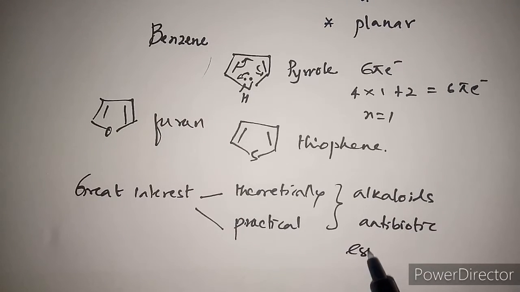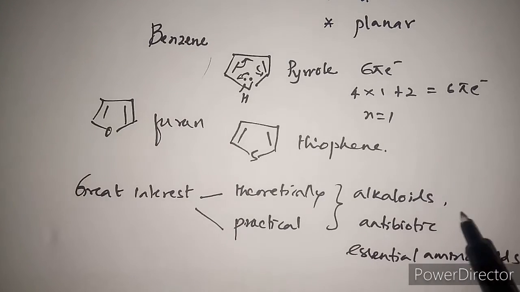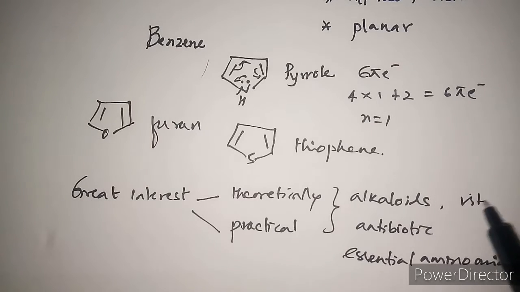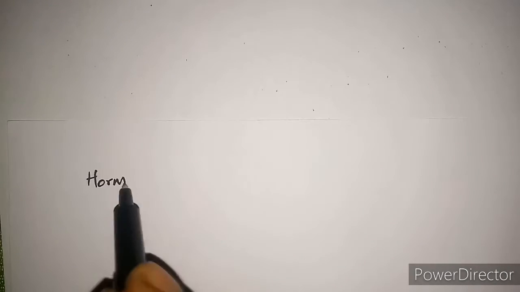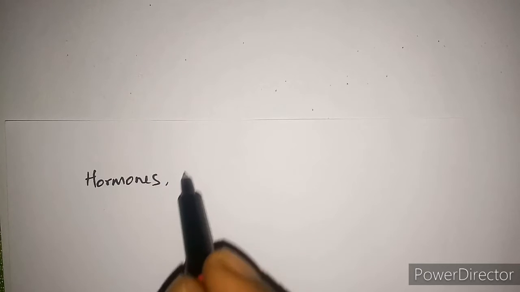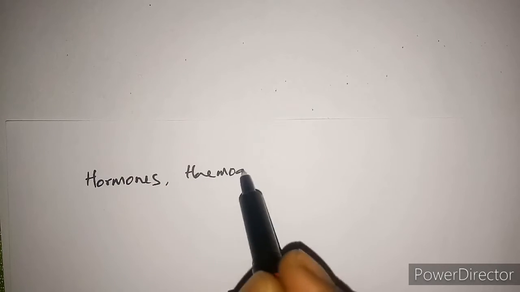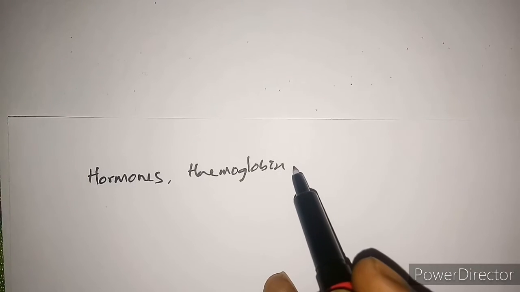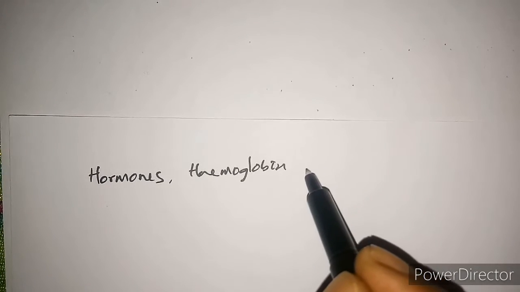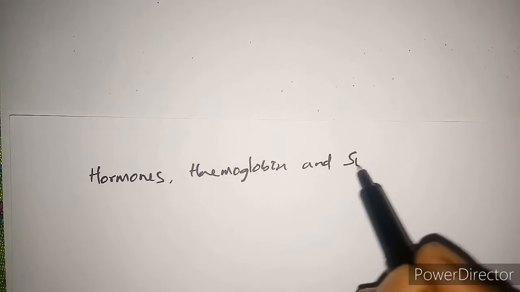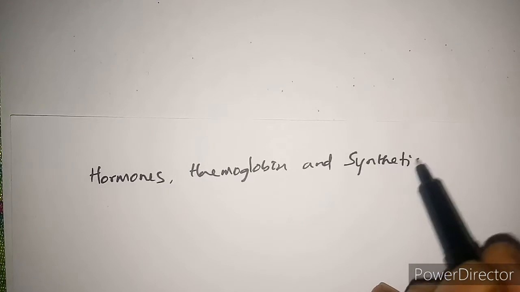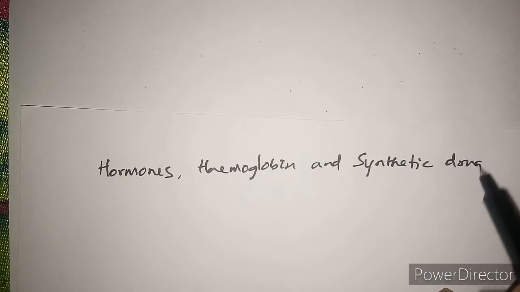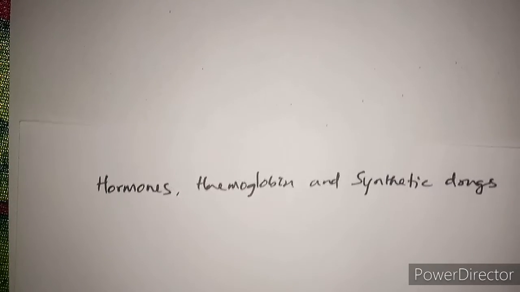Essential amino acids contain heterocyclic systems. And vitamins, hormones, hemoglobin, they contain heterocyclic ring systems. And a large number of synthetic drugs actually contain a heterocyclic ring system.